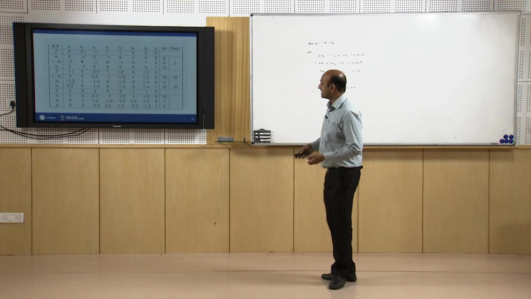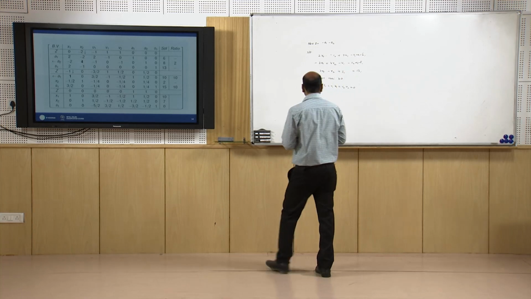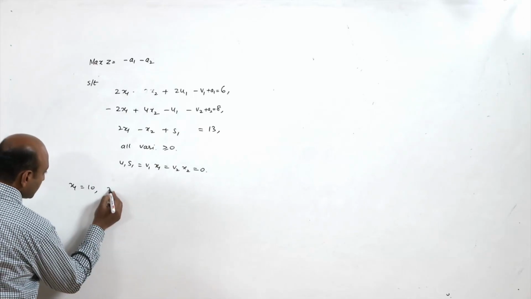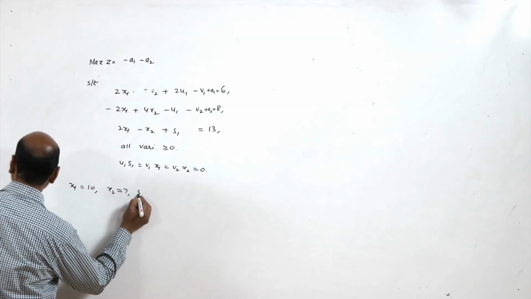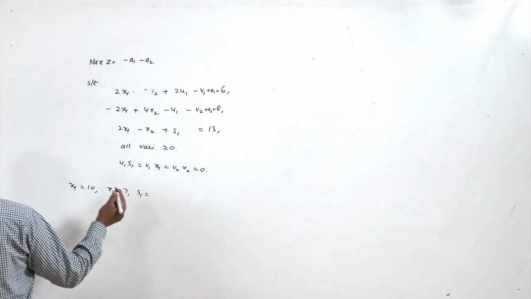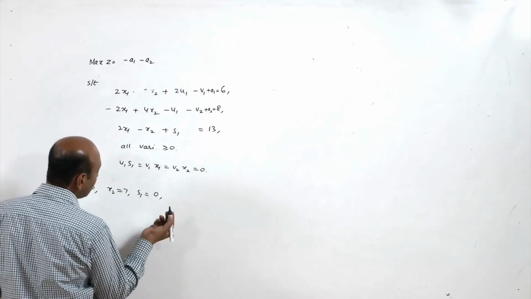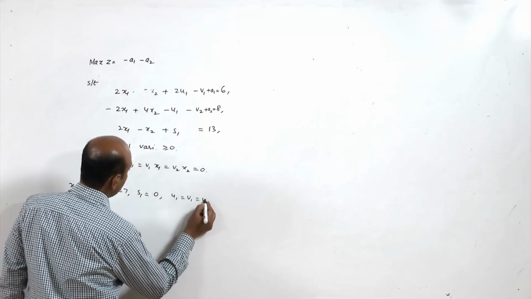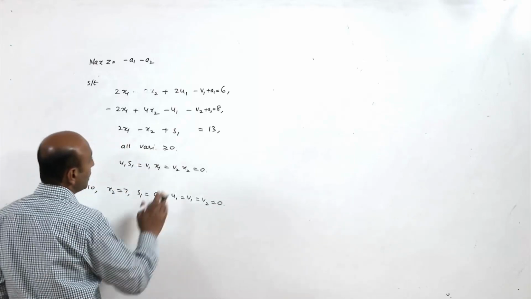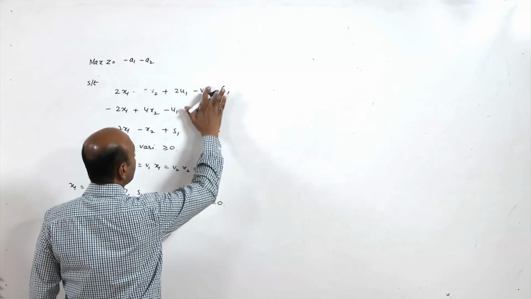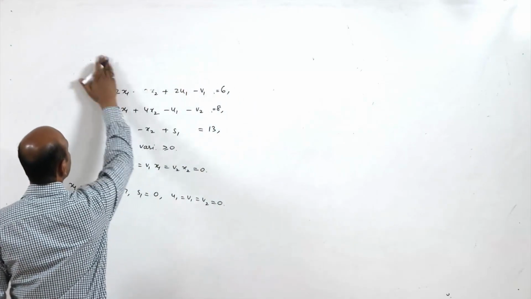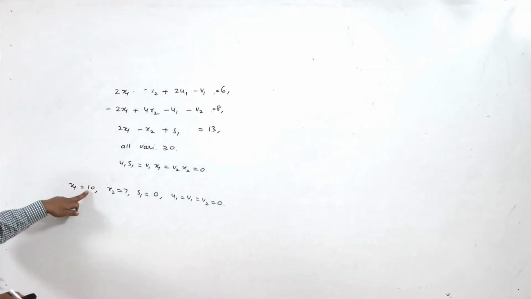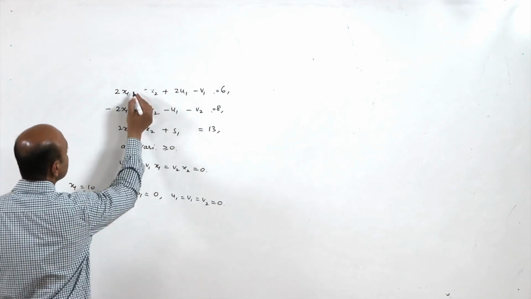You can easily check the values. X1 is 10, X2 is 7, S1 is 0, and all other variables are obviously 0. U1, V1, V2 are all 0. Now, if we take our original problem, because the artificial variables left the basis, these definitely satisfy all the constraints.